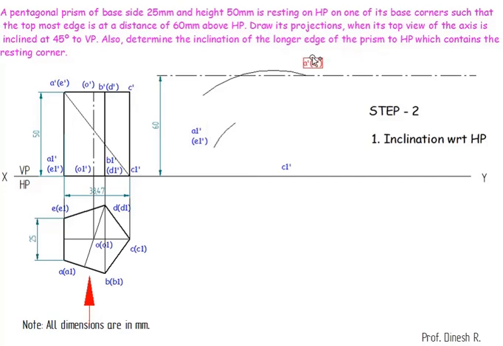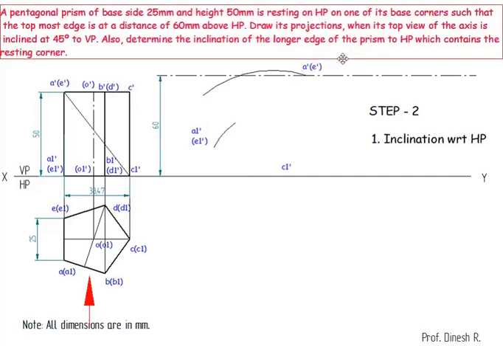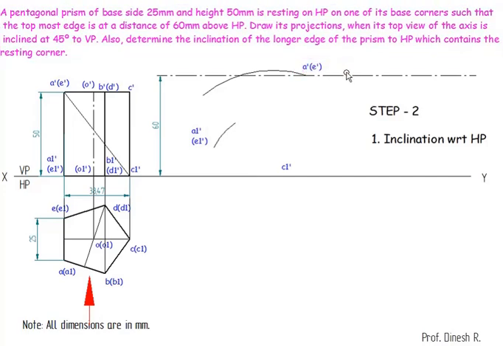This is nothing but A dash. I'm just preferring to keep this one as the second point. So I'm going to take the distance from A dash to A1 dash, which is equal to 60. I'll go for arc by point. From here cut a radius of 60. Now I'm going to draw a line.